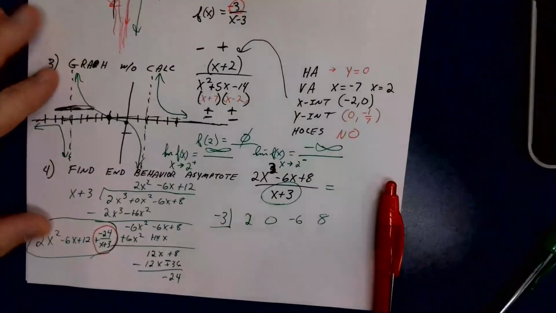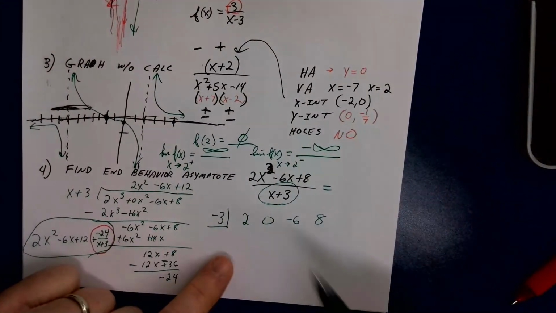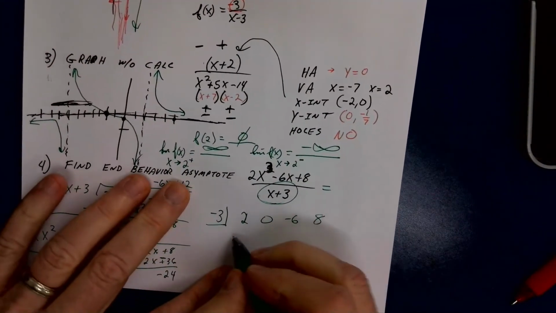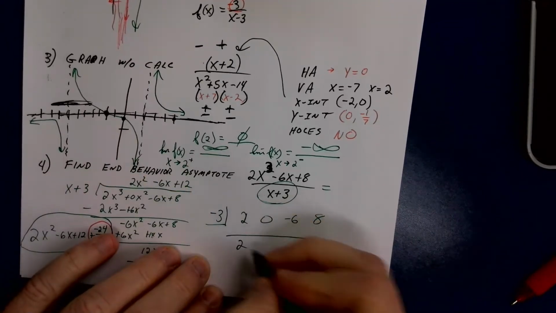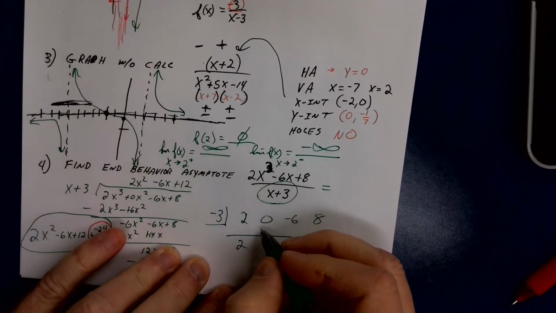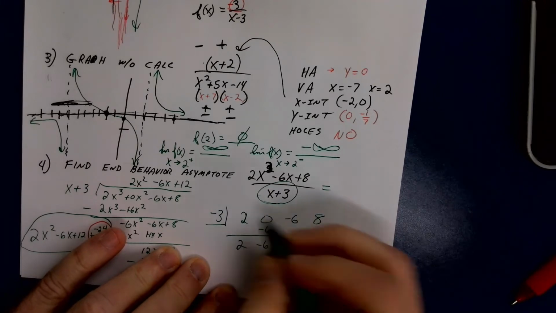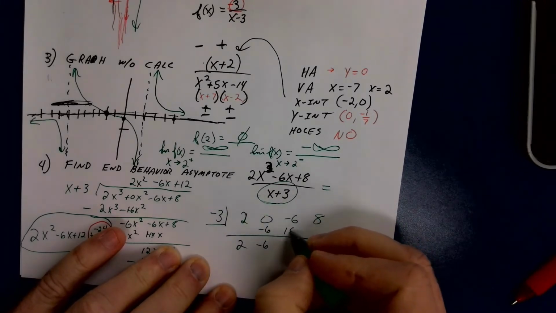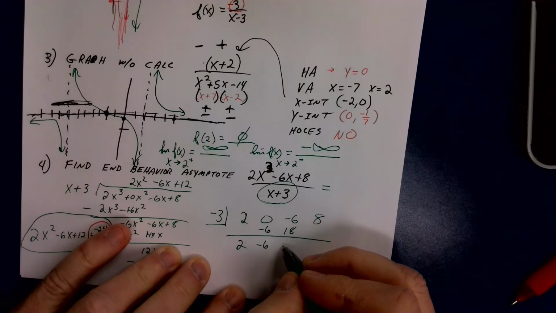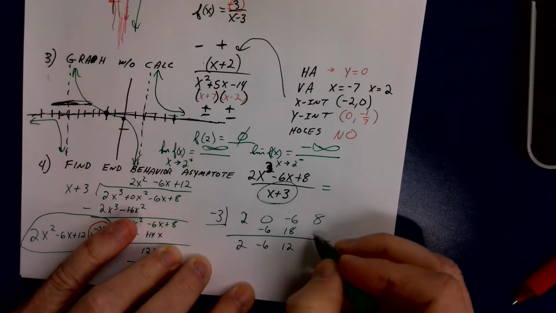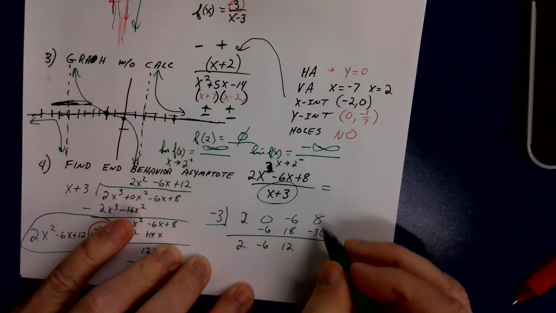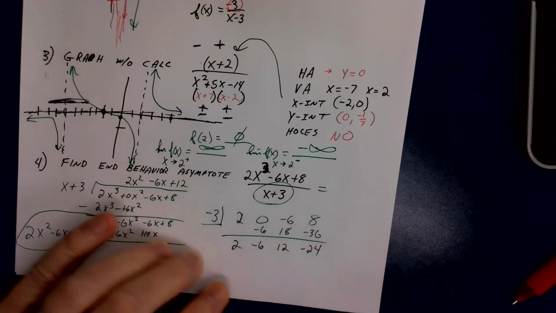Now, remember, we said we could also do the synthetic division because that's an x plus 3. So let's see if we get the same thing. Drop the 2 down. 2 times negative 3 is negative 6. 0 and negative 6 is negative 6. Negative 3 times negative 6 is 18. 18 and negative 6 is positive 12. Negative 3 times 12 is negative 36. Negative 36 and 8 is negative 24.